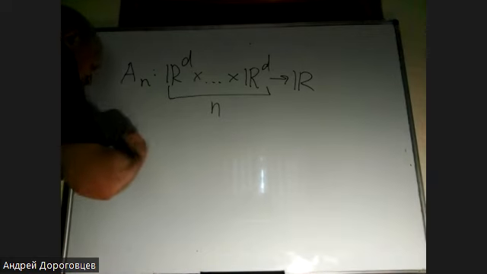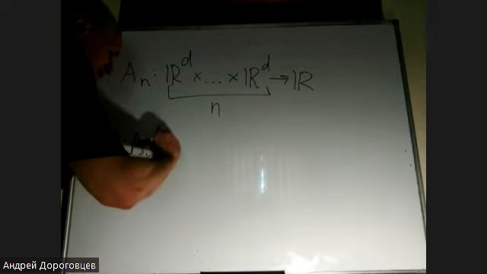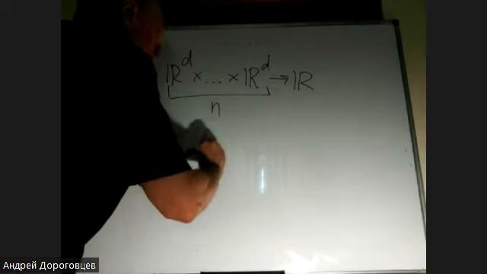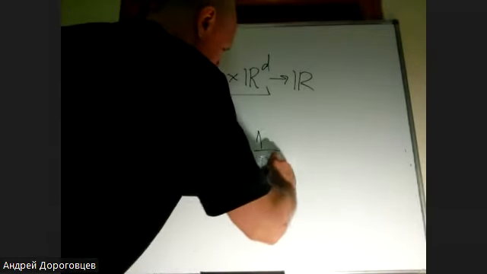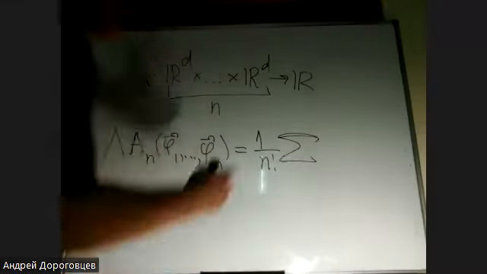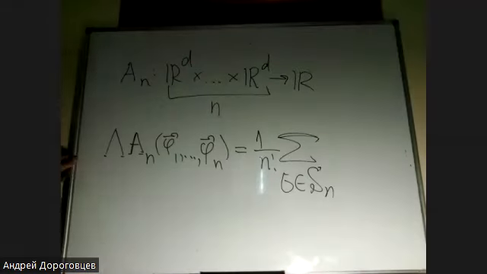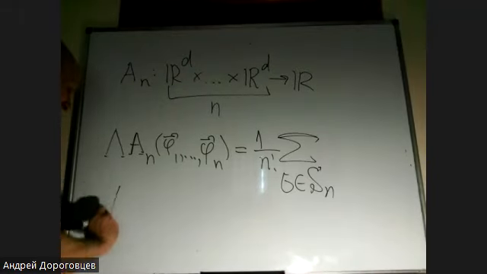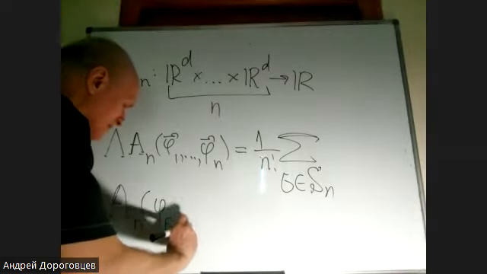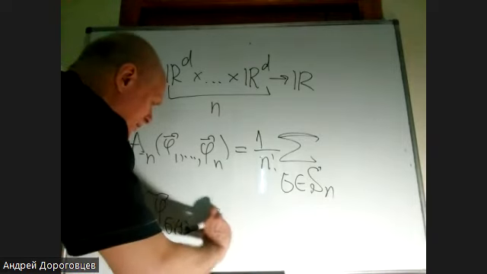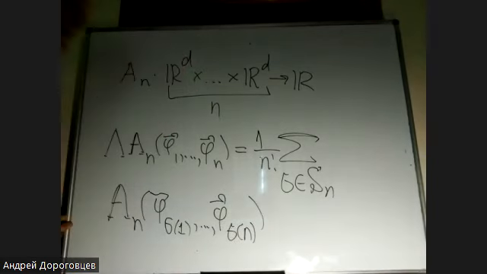Lambda A_n, acting on, for example, vectors phi_1, ..., phi_n, is defined as follows. The sum over all permutations sigma from the group of permutations of A_n applied to phi_sigma(1), ..., phi_sigma(n). This is a definition.